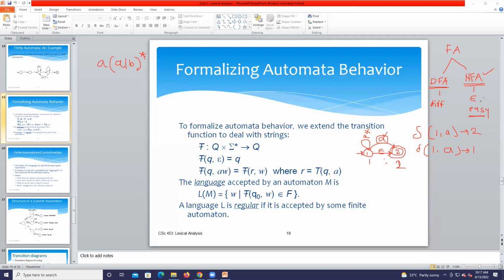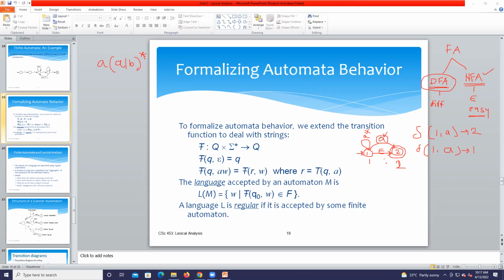And now every NFA can be converted into its equivalent DFA with our algorithm, which is called the subset construction algorithm. So my job is to draw an easy NFA, and then by following just the steps of the algorithm, I can convert it into its equivalent DFA, which is deterministic finite automata.